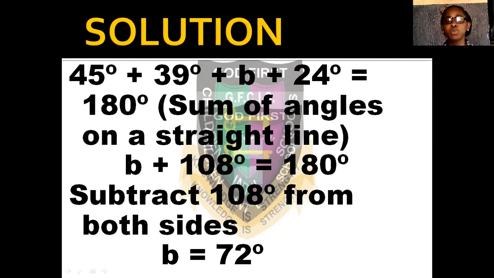And B plus 108 degrees equals 180 degrees. Subtract 108 from both sides. 180 minus 108 is 72. Therefore, B is equal to 72.